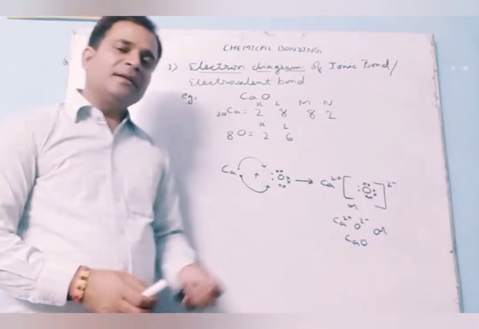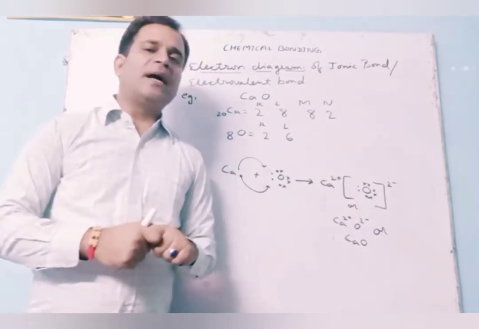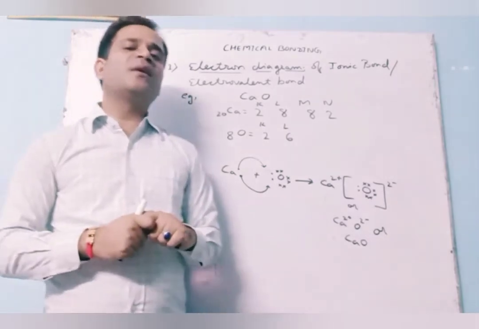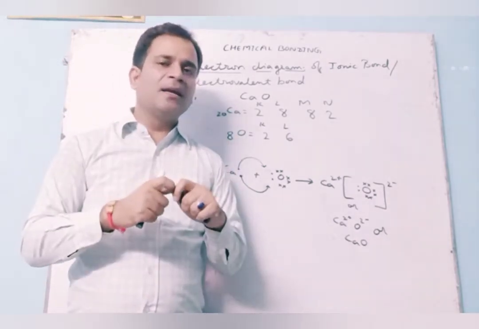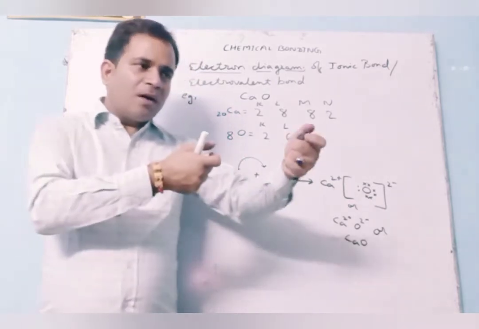So here, during the formation of the ionic bond, we already know that the electrostatic force of attraction is high. So if the electrostatic force of attraction is high, the electrons need to be attracted.